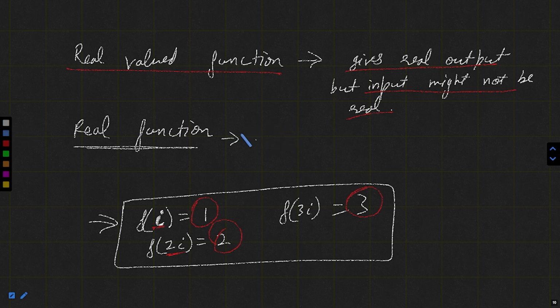So real function means the output must be real numbers as well as the input. Input also real numbers, output also real numbers.